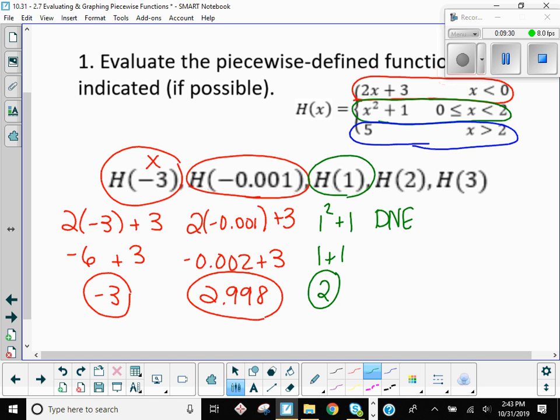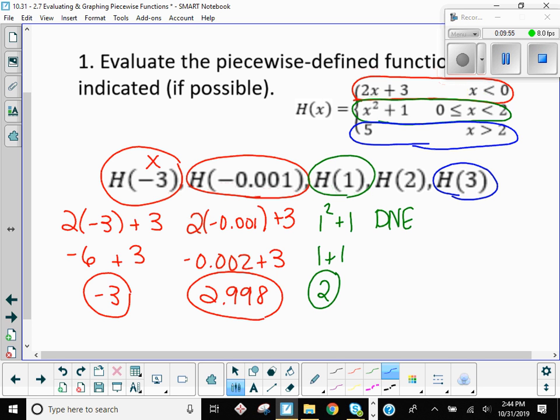And then x equals 3. Does that belong to red, green, or blue? Blue. Because the blue domain restriction is all x is greater than 2. Is 3 greater than 2? Absolutely. So we're going to plug that in for x. But do you see an x there?